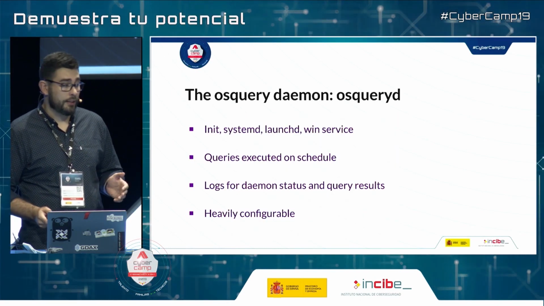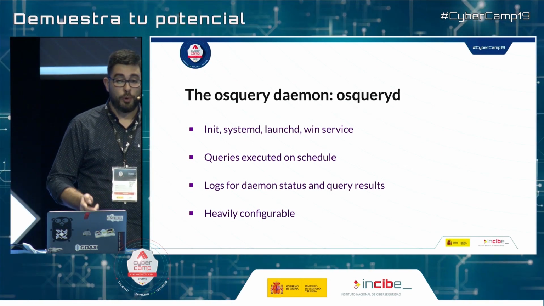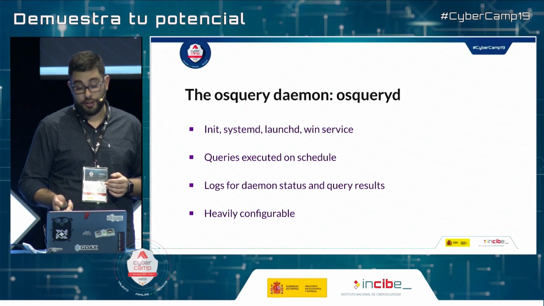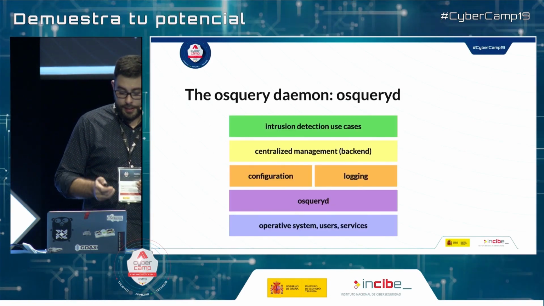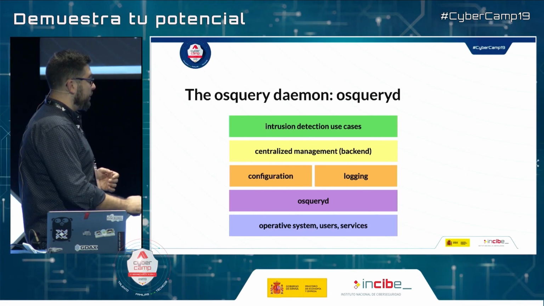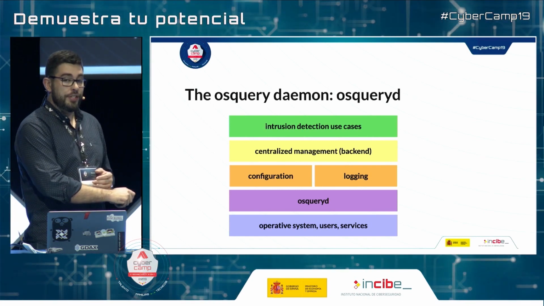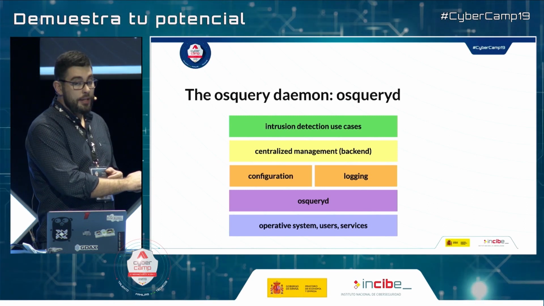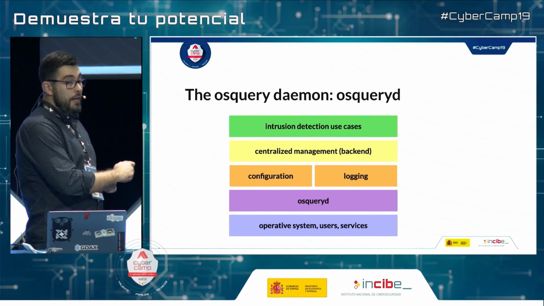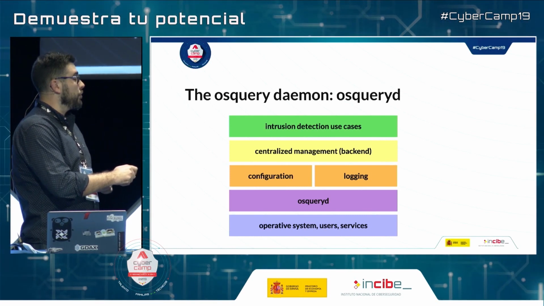OSQueryD flags are numerous. You have so many you couldn't even imagine. I'm just going to explain a few of them, the easiest ones. But as I was saying, the wiki is really good here, so just have a look on your own if you're interested in it. So the idea behind OSQuery daemon is that you have an operating system where you have processes, systems, users within that OS, and within this OS you would have OSQueryD running, and you would configure it with different flags and remote configurations.